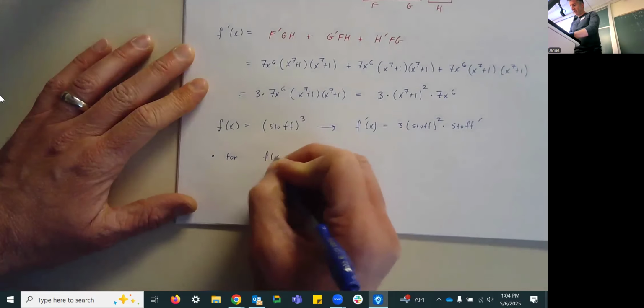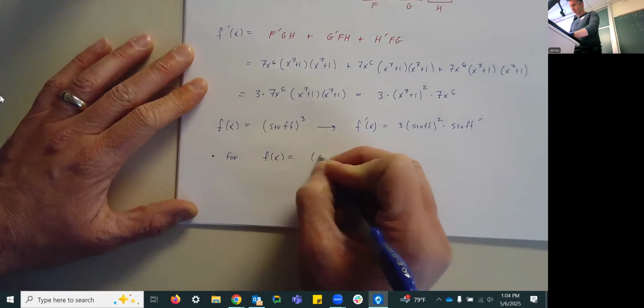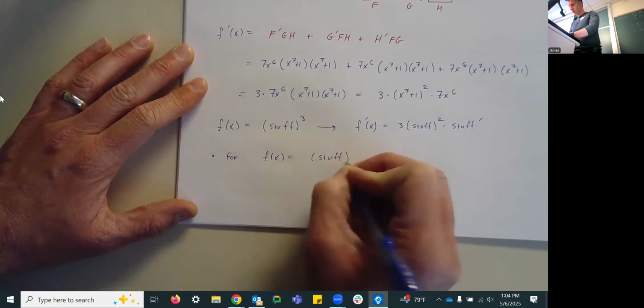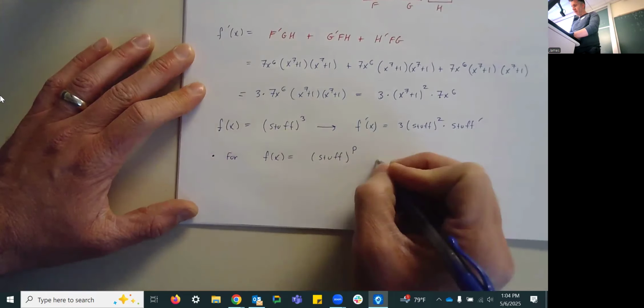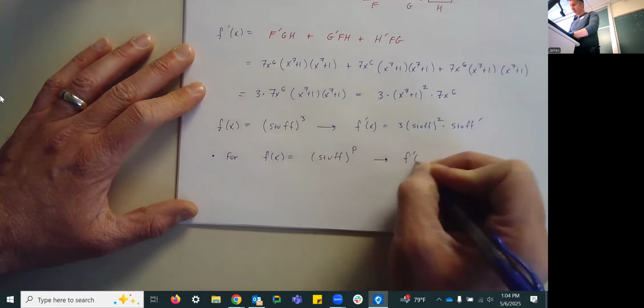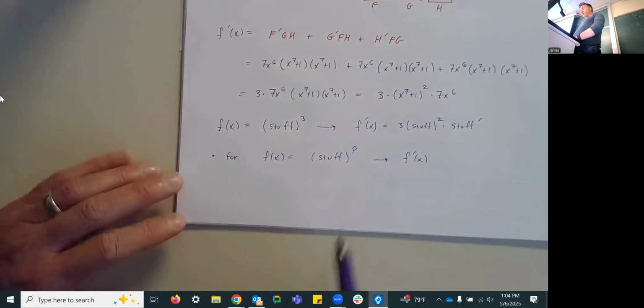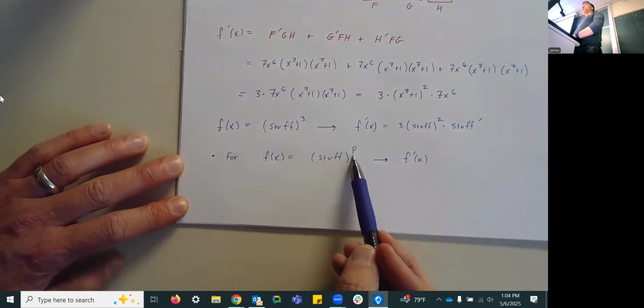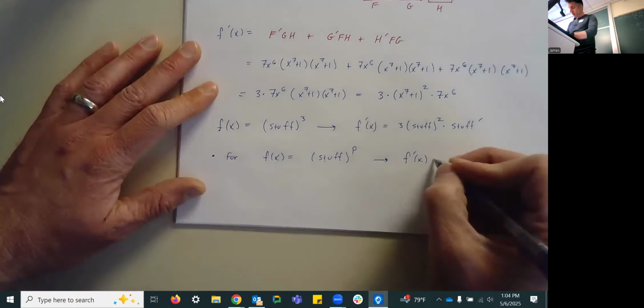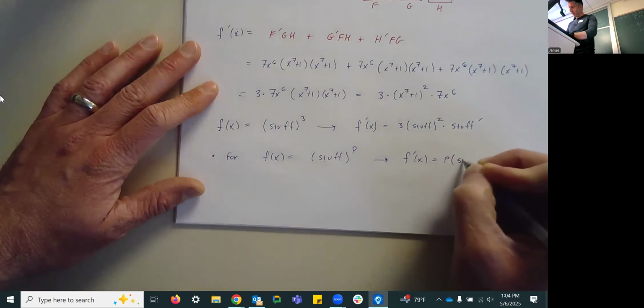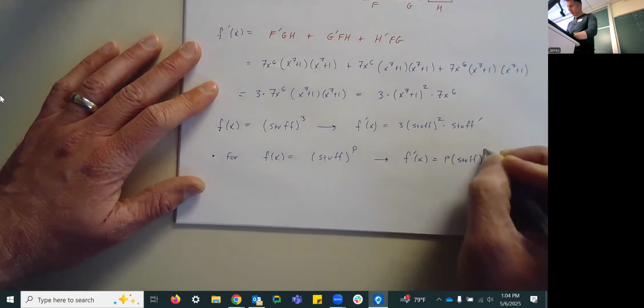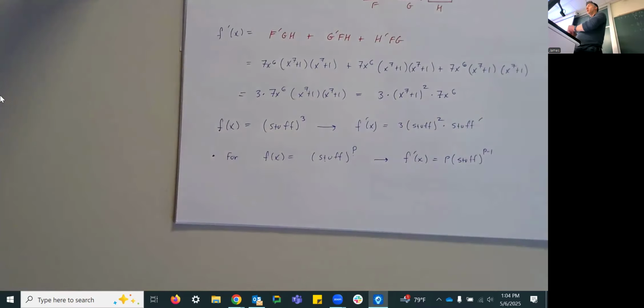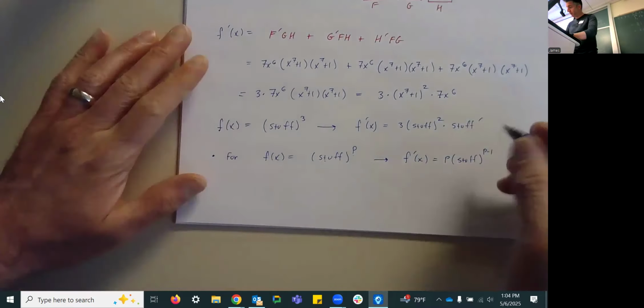For f of x equal to some stuff to a power, the derivative f prime of x is going to be p times our stuff to the p minus 1, the usual power rule, but then we have to multiply by the derivative of the inside stuff.